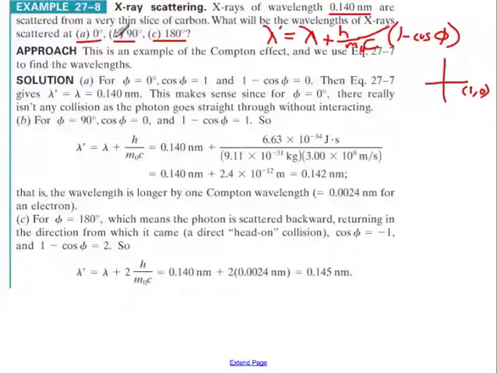How about if you do 90 degrees? This is Tao's diagram. So you have the X-rays coming in, right? The photon of X-rays is coming in. It hits a slice of carbon, I guess, but let's just imagine it as a particle of carbon. And now it says that they're 90 degrees, so here goes the X-ray afterwards.